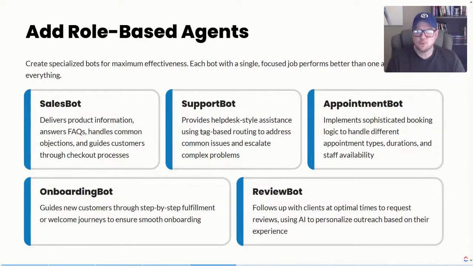And this is what we were talking about before. If you try to program an AI bot to do everything, like let's say you want your receptionist to handle sales, support, appointment booking, onboarding, reviews, all of this stuff, what's going to happen is that it's going to get confused in the conversation. Like, if you're talking to a sales bot and you say, "Hey, I need help with whatever your product is," it's not uncommon for the support bot to hear "I need help," and then move that person into a support workflow instead of a sales workflow.